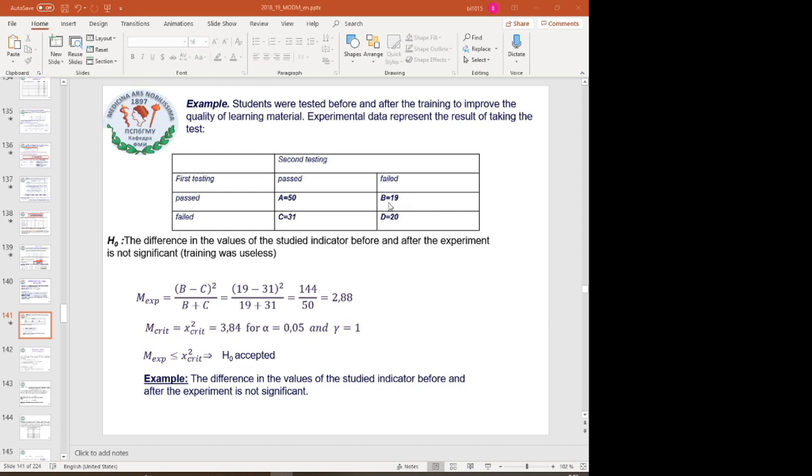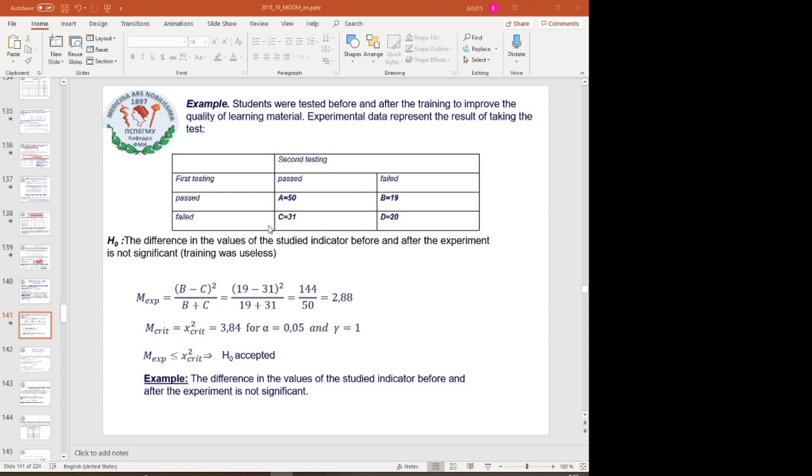These 19 students were confused by new knowledge, so in the preliminary testing they passed, but they failed the test after learning the new material.